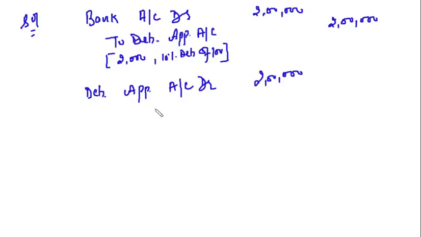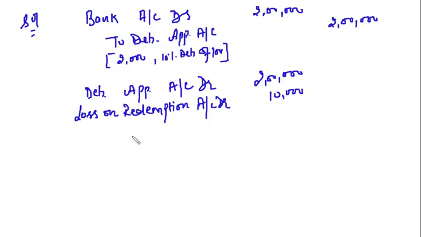You have to pay 2 lakh 10,000. Why? Because there is a 5% premium that you will be paying at the time of redemption. So that is a loss on redemption. How much is the loss? 5%. So loss will be debited 10,000, 5% of 2 lakh.